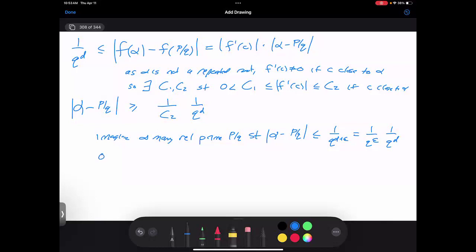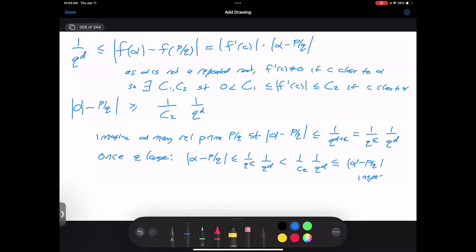So once q is large, we would get alpha minus p over q is less than or equal to 1 over q to the epsilon times 1 over q to the d, which is strictly less than 1 over C2 times 1 over q to the d, which is less than or equal to alpha minus p over q. Impossible. You cannot be strictly less than yourself.